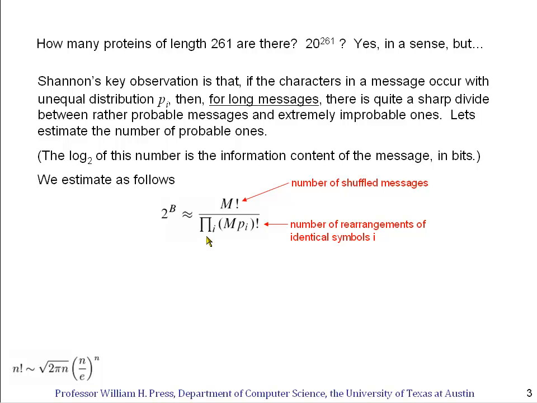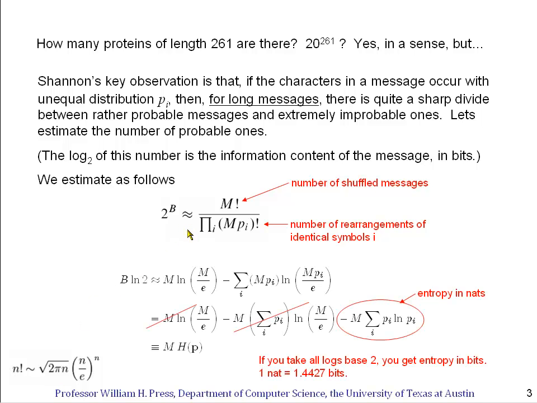Now to make sense out of this, we're going to use Stirling's approximation, which basically says that n factorial is n over e, that's the base of natural logarithms, to the nth power. This is the dominant term. This going only as square root of n, a very slow variation compared with this n to the n, is the additional prefactor. So back up here, we'll apply Stirling's approximation to the log.